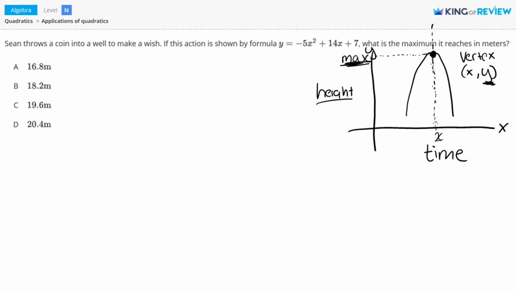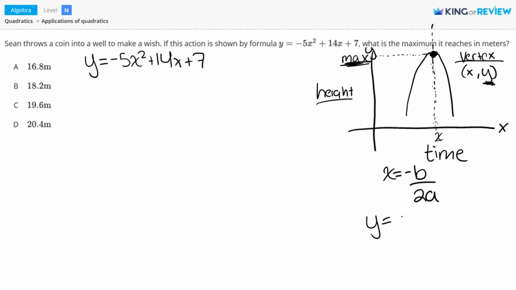Now this axis of symmetry, which passes through the vertex, has an equation to solve for the x coordinate. It's x equals negative b over 2a. This is the equation for the axis of symmetry, and the axis of symmetry also represents the x coordinate of the vertex. So let's do that. If we have our equation here, y equals negative 5x squared plus 14x plus 7, this is in the form y equals ax squared plus bx plus c.